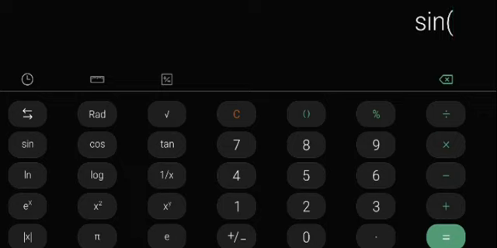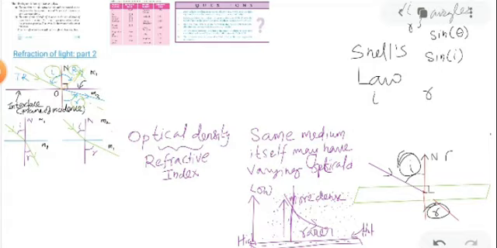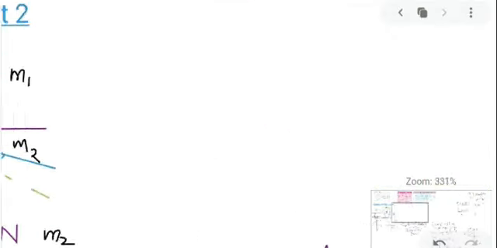What does it look like? Let me go back to our board and see what an angle of incidence of 90 looks like. This is your normal, this is your interface, this is the normal. Let me just write it here. This is your normal.